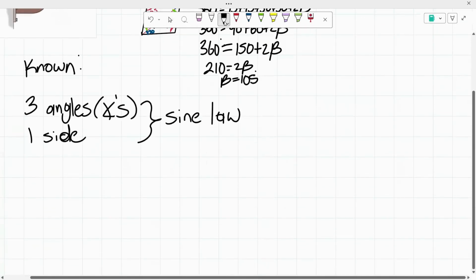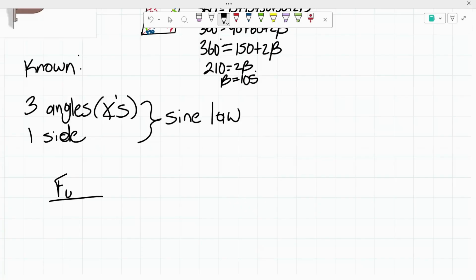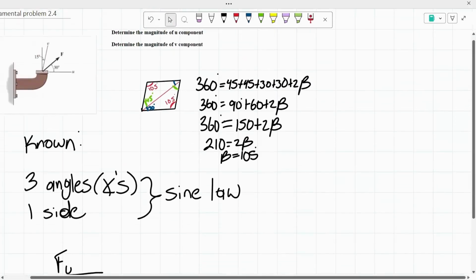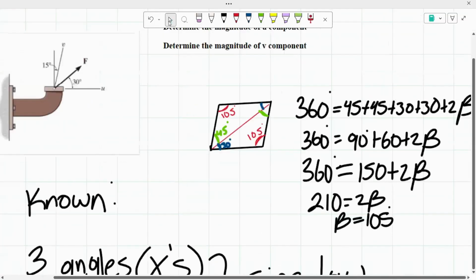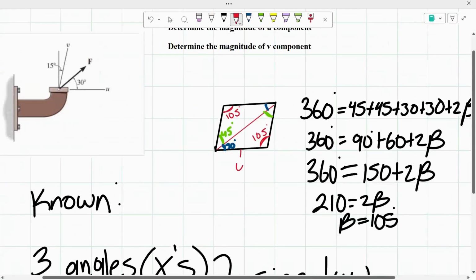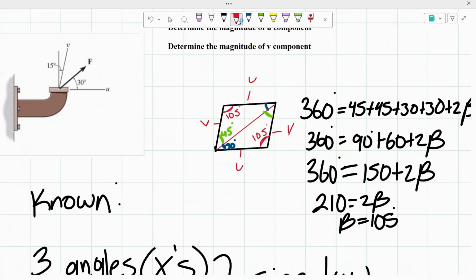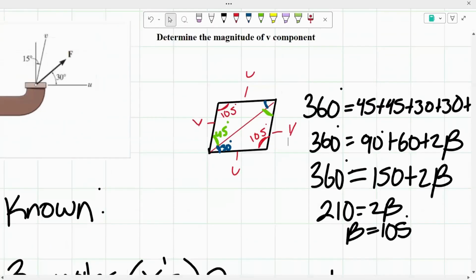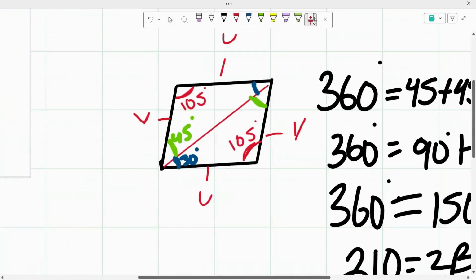U. Okay. So we're going to write down here F of u over, so F of u, okay, we did not label. So we're going to label this real quick. This is u, this is u, this is v, and this is v. So this is our u.